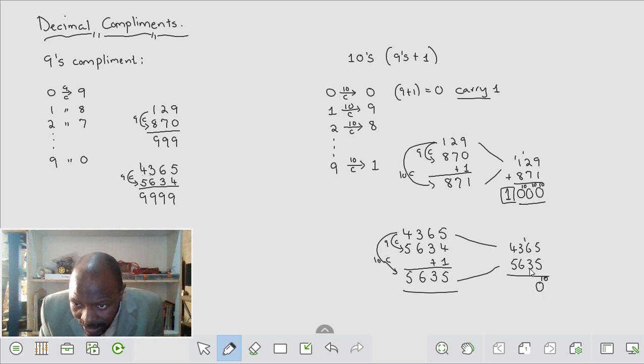That will be 7 plus 3, that will be 10. So now we've got 0, we carry the 1. Now it's 1 plus 3, 4 plus 6 is 10, and we get 0, carry 1. Now 1 plus 4 is 5, and plus 5 is 10, and there is nothing else.